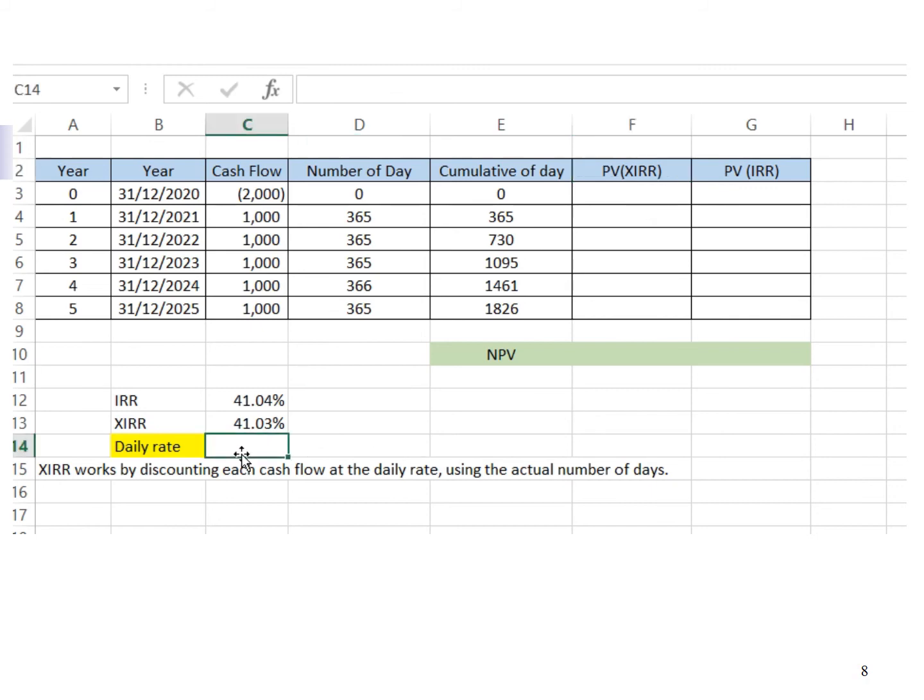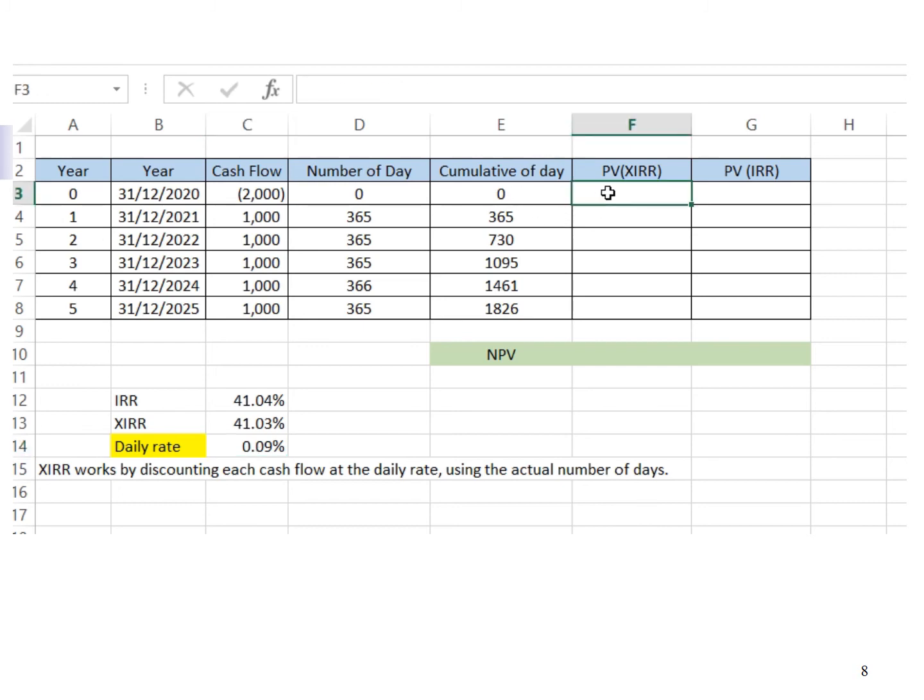I'm going to type equal, open bracket, 1 plus annual rate of XIRR, close bracket, power, open bracket, 1 over 365 days, close bracket, minus 1. The daily rate is 0.09%. I shall make use of the daily rate to discount the cash flow for present value.